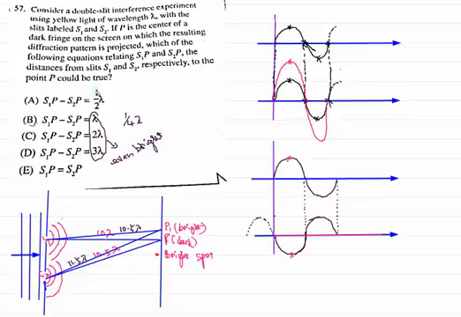When you have half, or 1.5, or 2.5, then they are actually totally in opposite directions with each other. Then if that's the case, it is dark.